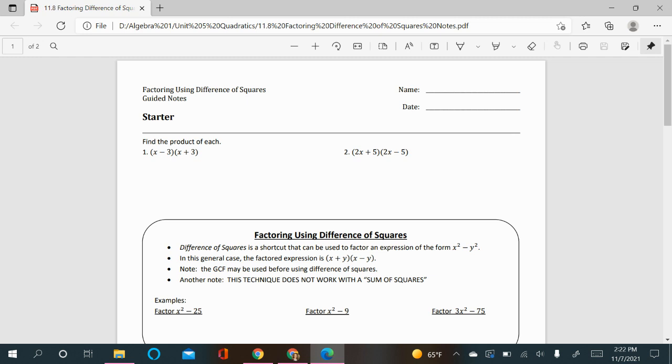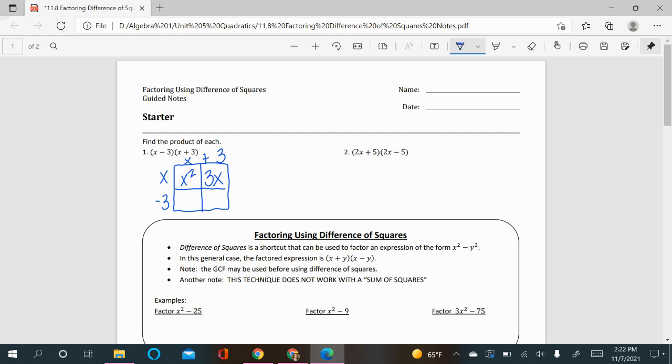All right, the next type of factoring that we've got to look at is called factoring difference of squares. Before we get into that, let's recall how to multiply two binomials. We did that with what we call the box method. I'm going to put x minus 3 here and x plus 3 here. x times x is x squared. x times 3 is 3x.